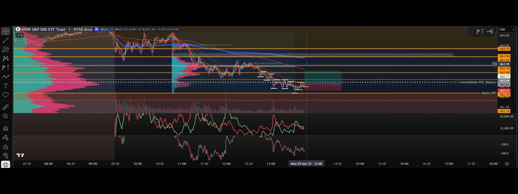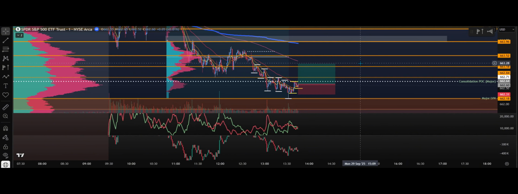The point of control is where I like to go ahead and take, I like to target that point of control because that is where the most liquidity was previously, right? If the problem is we're running out of liquidity, I want to target where I know previously there was liquidity.